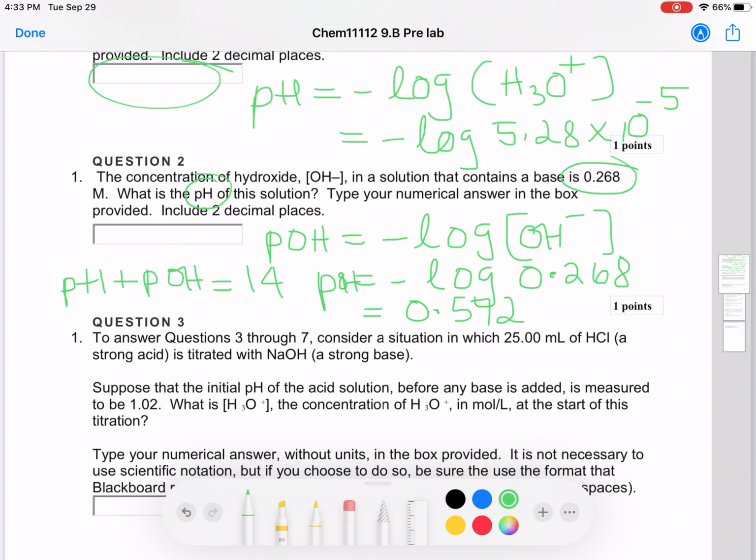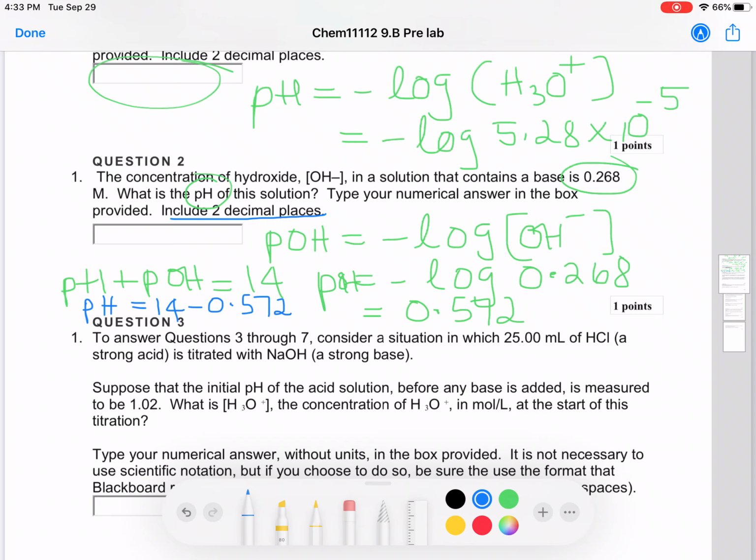Do this calculation and see if you also get the same answer. So then the pH is going to be 14 minus 0.572. And again, answer in two decimal places, 14 minus 0.572. You can put that answer right there for question 2.